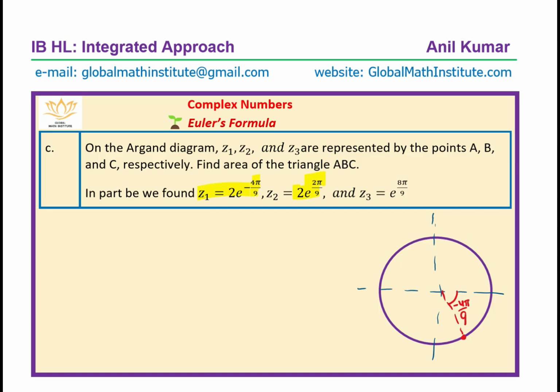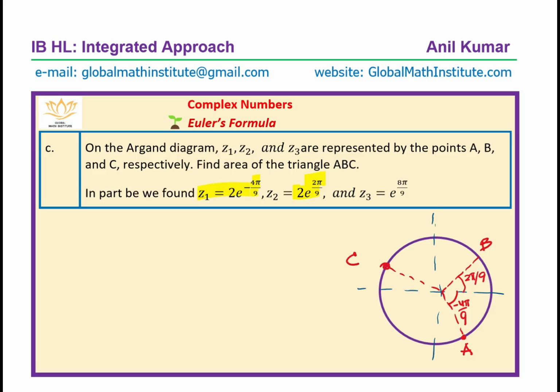The next one, let's say this is point A, B is 2 e to the power of 2 pi by 9. So 2 is the radius, and 2 pi by 9 will be somewhere here. Let's call this B. And then we have 8 pi by 9, which is going to be something like this.